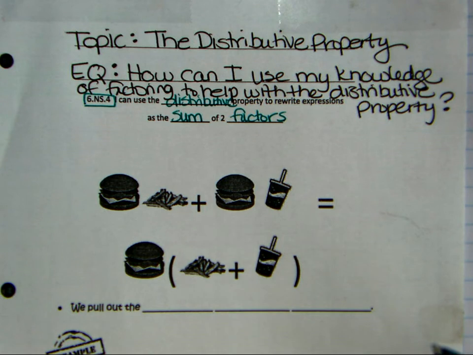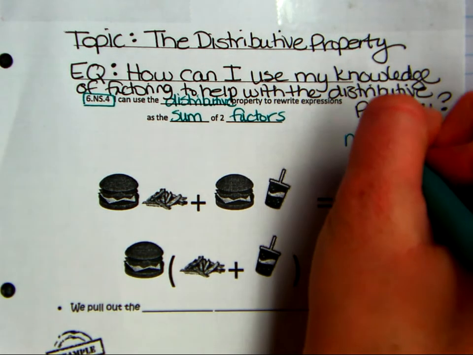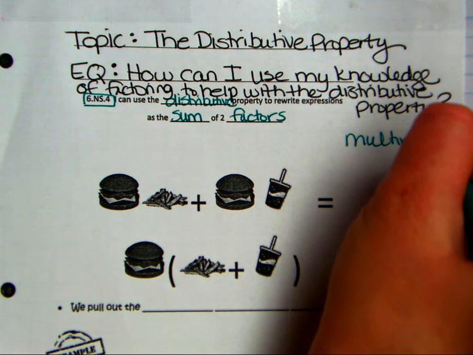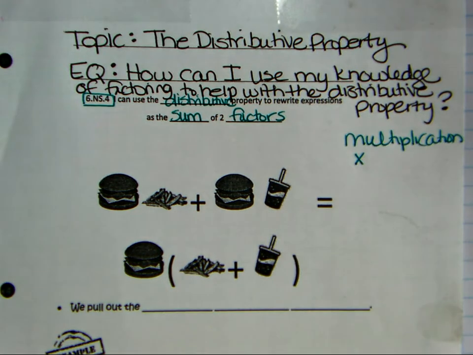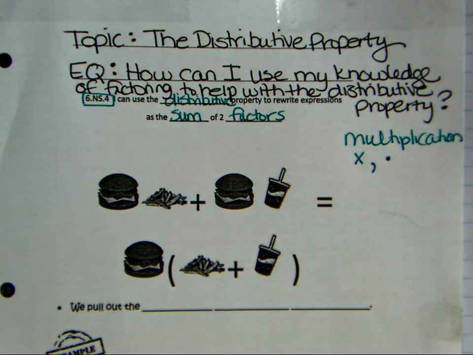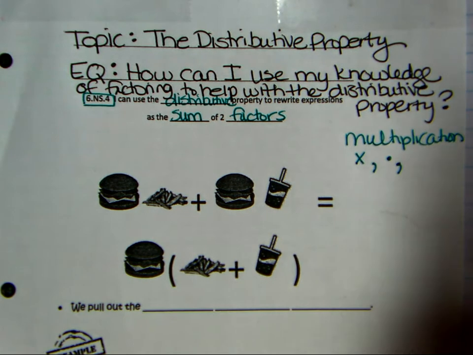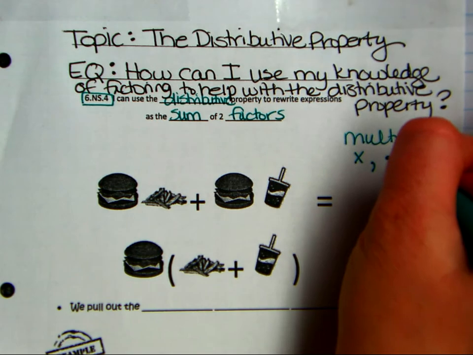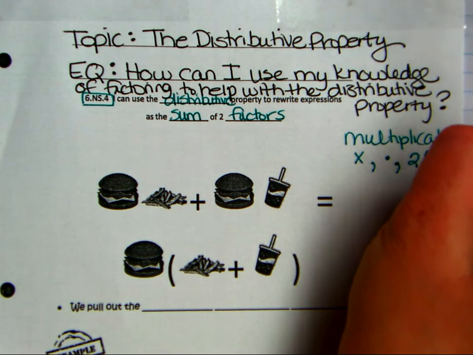So if you recall, I had told you prior that when you do multiplication, you could demonstrate multiplication by using the symbol that you've come to know very well, the multiplication symbol. You can also use the dot, like I oftentimes do, and as I've told you, we're going to be using more and more this year. And then another way is that you can write a number outside of parentheses, or a variable outside of parentheses.